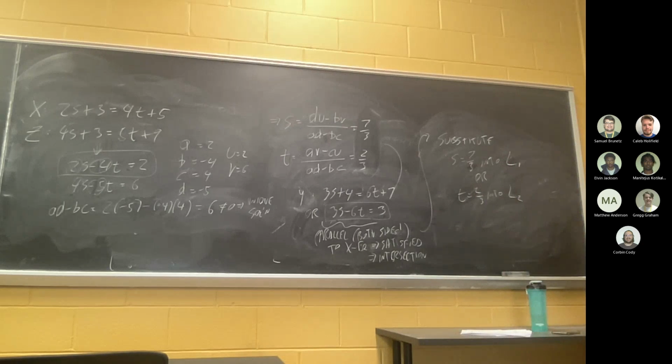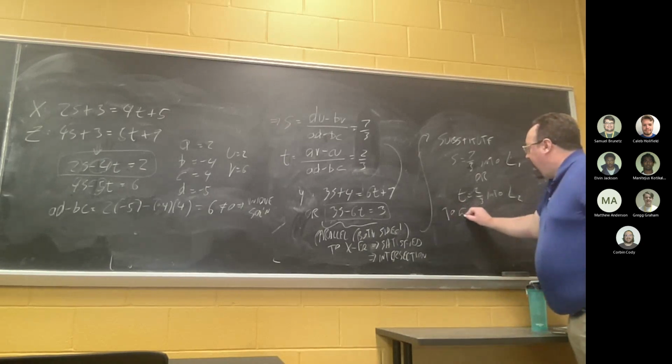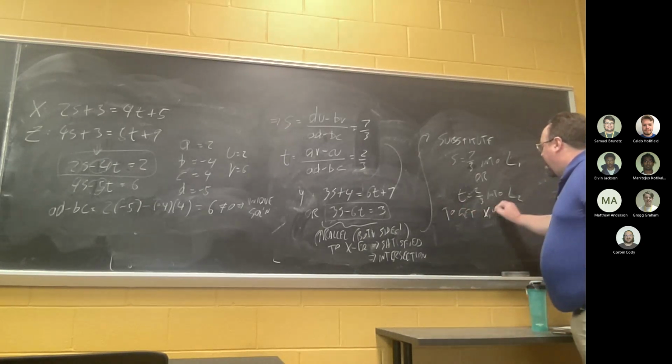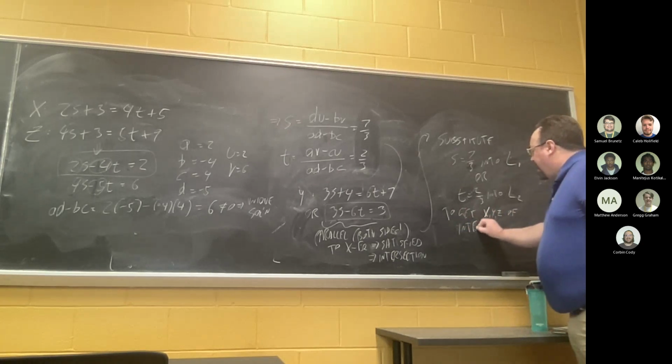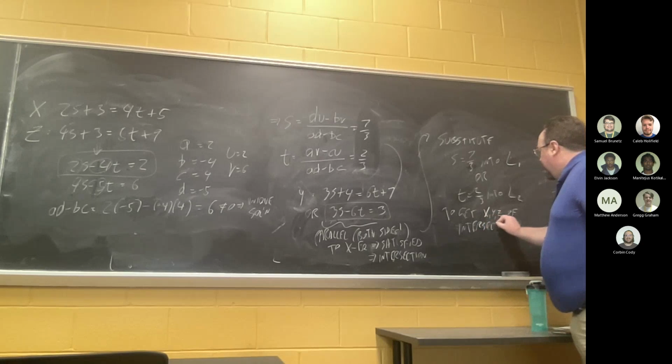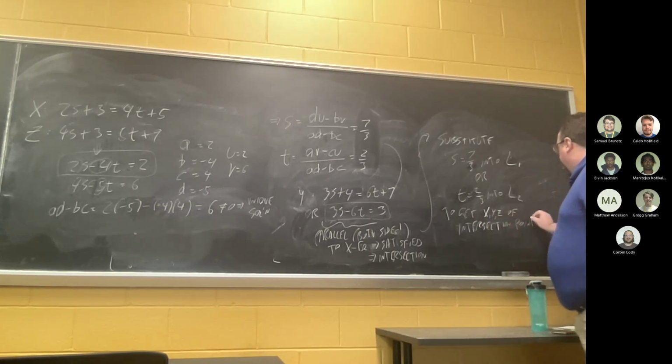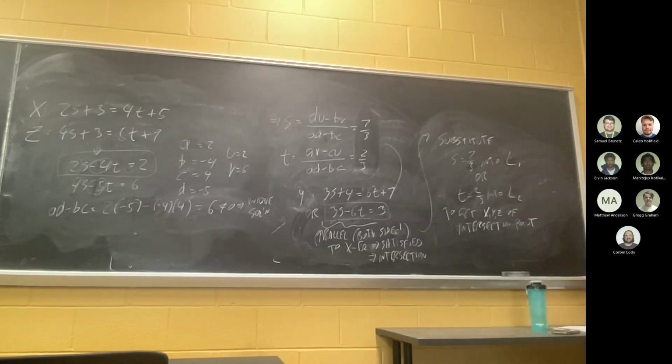Doesn't matter which one, take your pick. And that will give you the x, y, z coordinates of the intersection point. Because s and t satisfy all three equations for x, y, and z, those two points have to be the same, no matter which one you plug in.